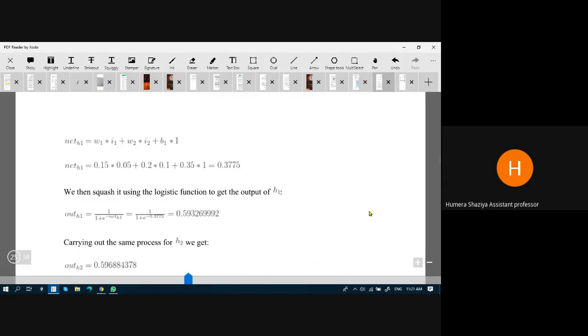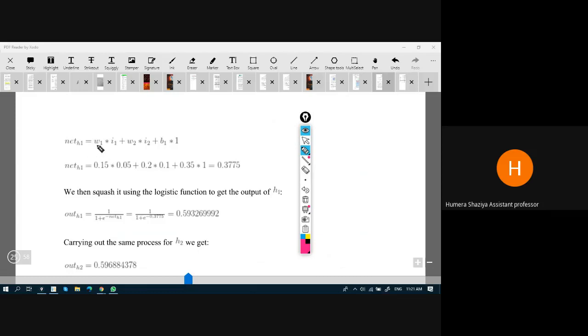Look at here. Here it shows the calculations. Please pay attention here. Try to understand. If you don't, please ask. Here, what is net H1?